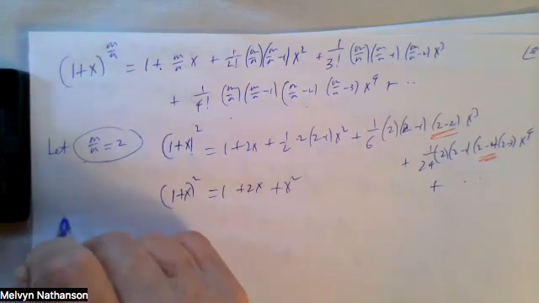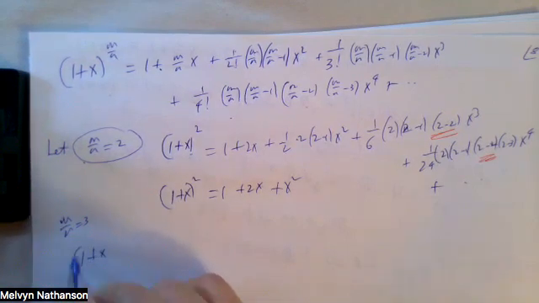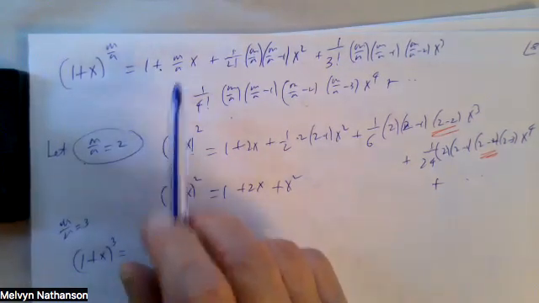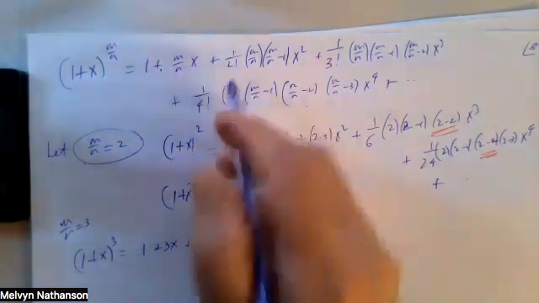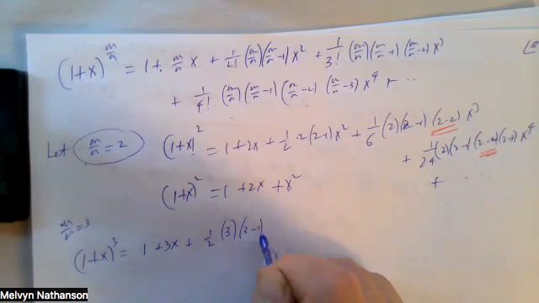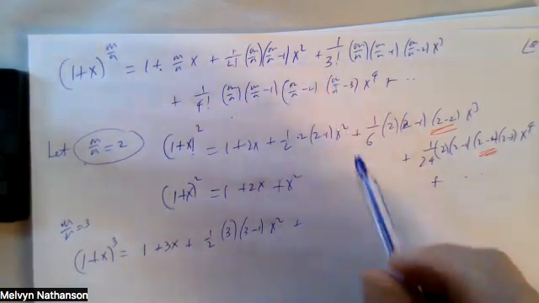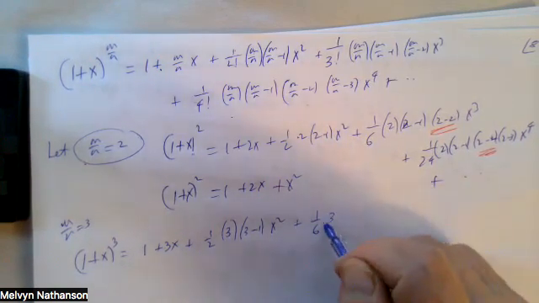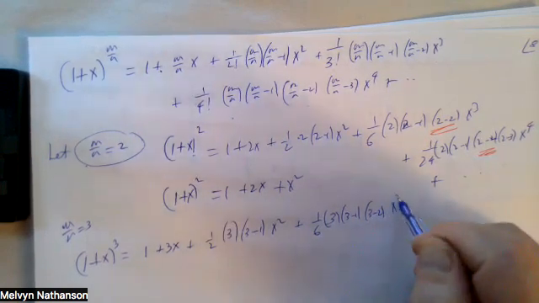Suppose we let m over n equal 3. What do we get for (1 + x) cubed? From Newton's formula, m over n is 3. This is 1 plus 3x plus 1/2 times 3 times (3 minus 1) x squared. Plus 1 over 3 factorial, that's 1/6, times 3, (3 minus 1), (3 minus 2) x cubed.